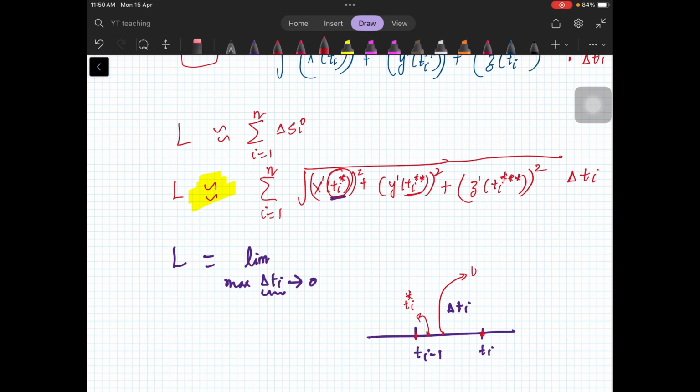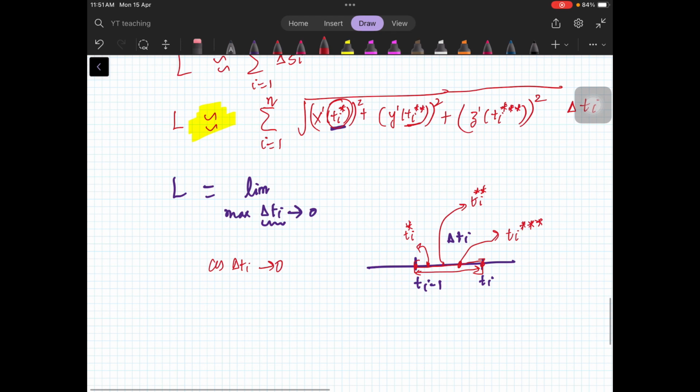So somewhere here is ti double star, we don't know where inside the interval, and somewhere here is ti triple star. And as delta ti goes to 0, all of these points are going to coincide and be equal to one point, right? So they are going to merge.